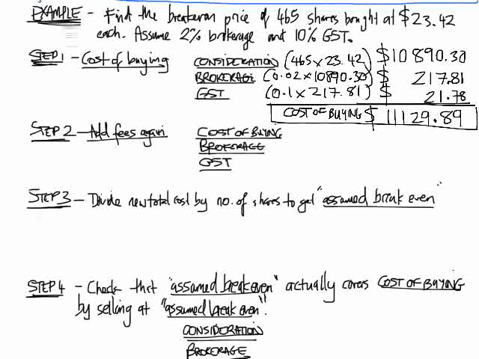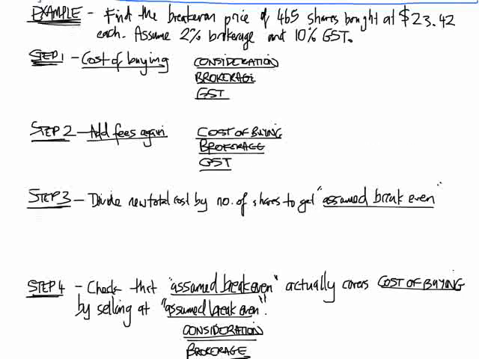So the cost of buying was $11,129.89. The brokerage from before was $217.81, and the GST was $21.78. So you're adding those numbers on again: plus 217.81 plus 21.78.